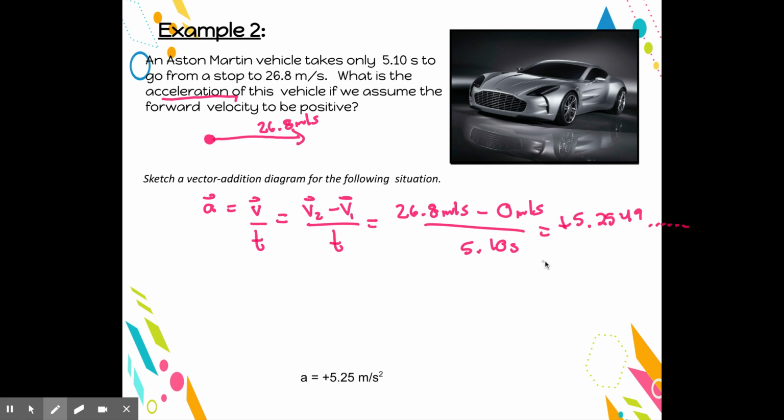That number keeps kind of going crazy. So we think about our sig digs and we should get positive 5.25 meters per second squared. All right, so this is acceleration.